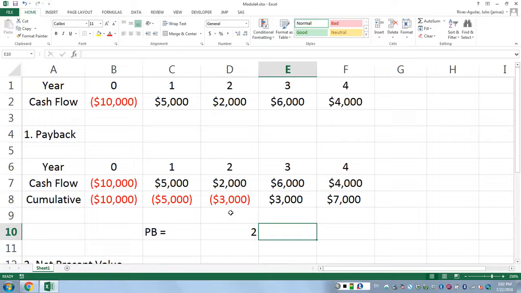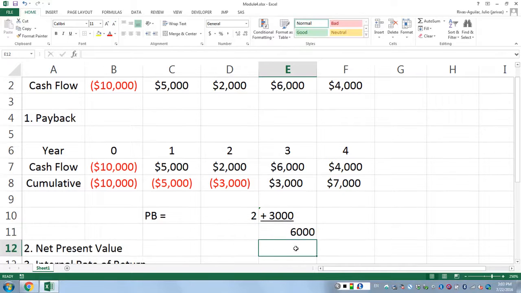We know that it's somewhere in between 2 and 3 years, so it's going to be 2 years plus something else. That something else, we don't know yet, but we know that we owe $3,000, and those $3,000 come from here, so these become positive because that's the amount of money we need to receive. And we've also calculated that we were going to be receiving $6,000 that year.